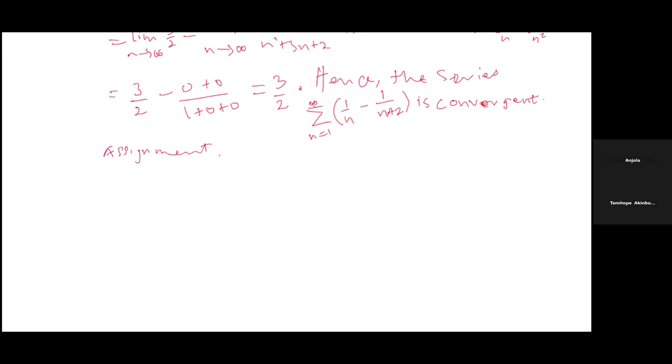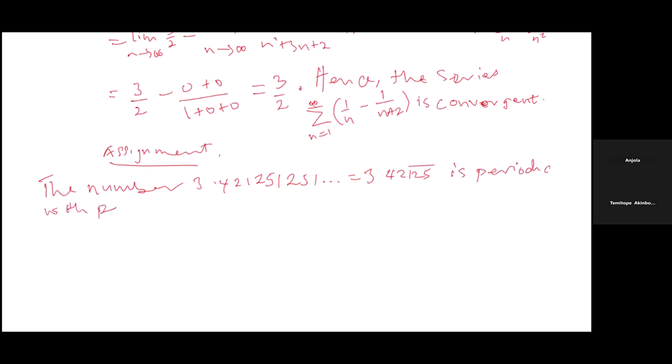The question says, the number 3.421251251 and so on is equal to 3.42125 with a bar on 125, periodic with period 125.